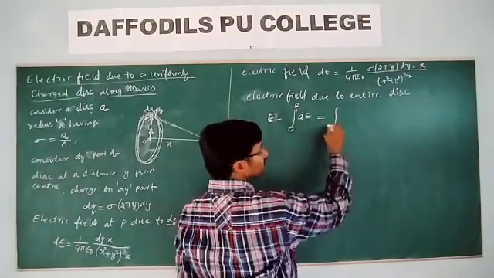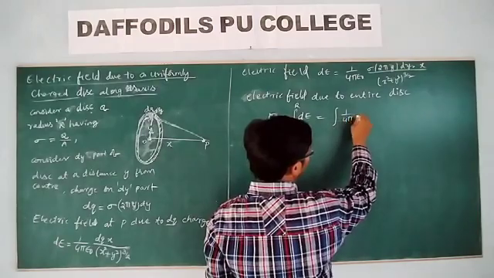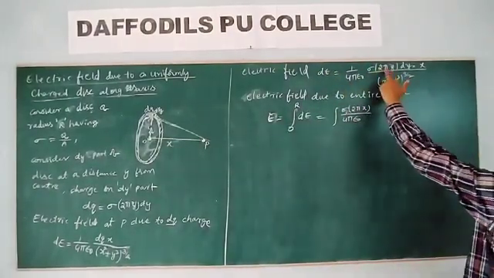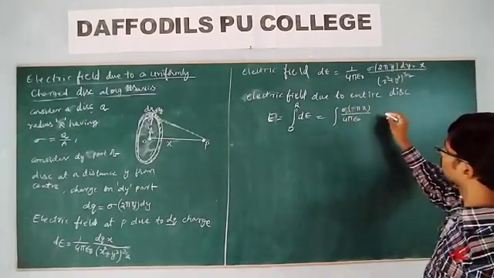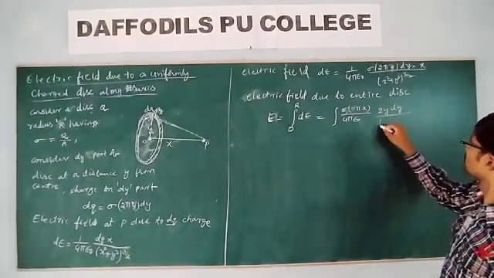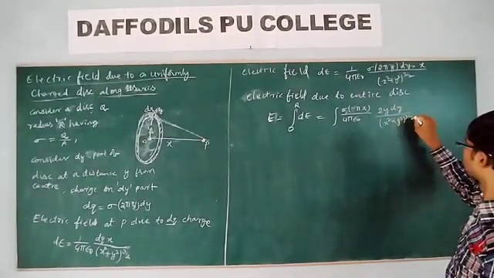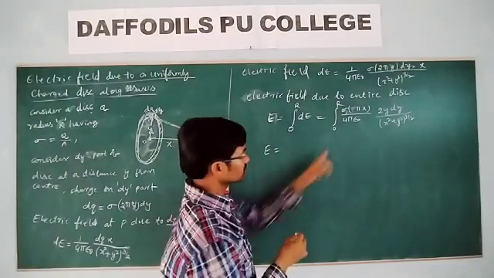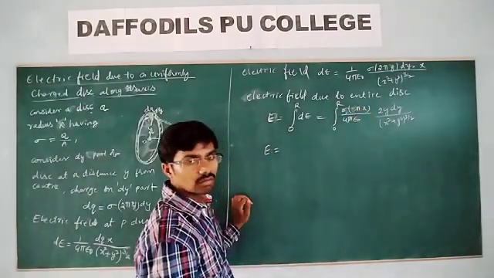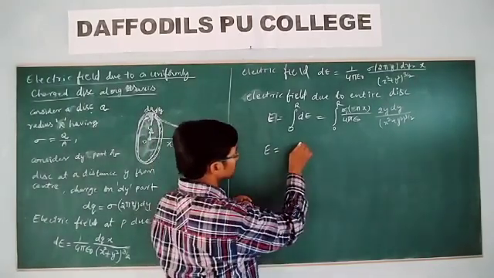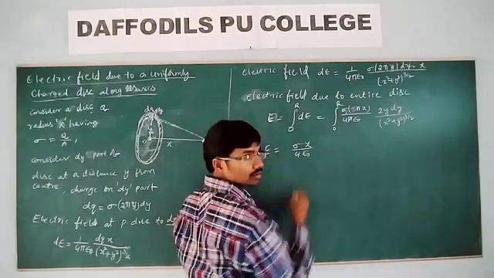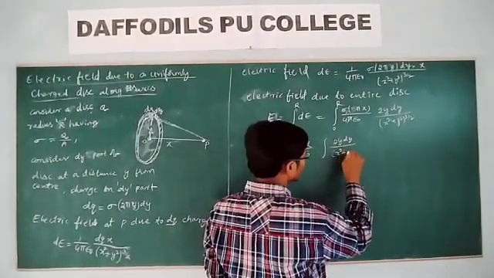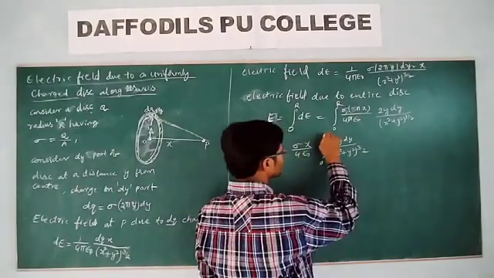So E is equal to the integral of 1 by 4 pi epsilon naught, sigma into 2 pi x y dy by (x square plus y square) whole power 3 by 2, with limits 0 to r. Then pi gets cancelled. So what you can write here is E is equal to sigma x by 4 epsilon naught into the integral of 2y dy by (x square plus y square) whole power 3 by 2, with limits from 0 to r.